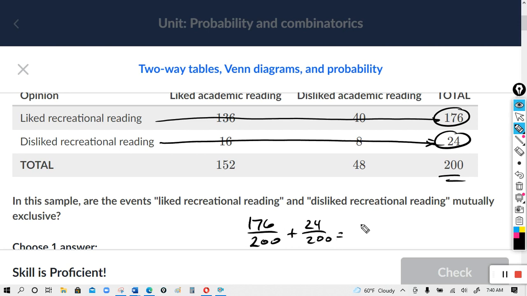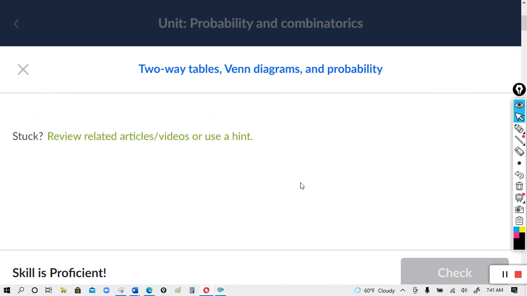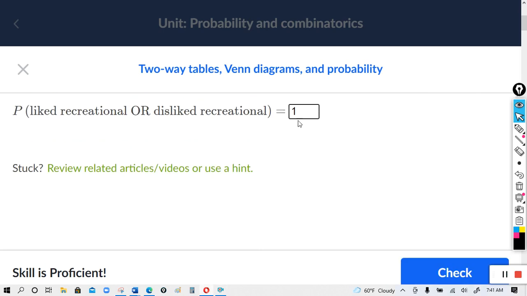So when you add those together, it's just going to be 200 over 200, which is 1. If the events are complements of each other, they'd have to add to 100% for the probability of one or the other. So I'll just put 1 in the box. That's 100%.